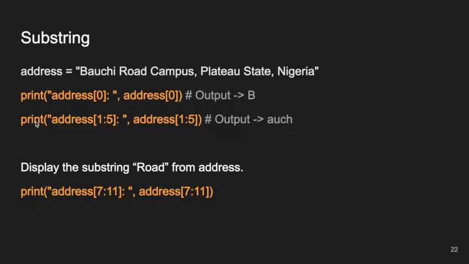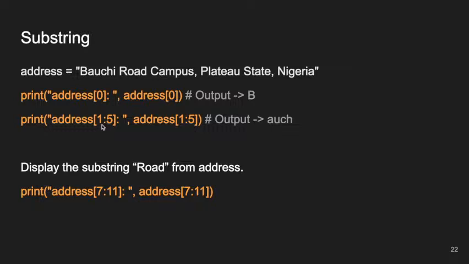You can also do what we call slicing, which is getting a part of the string, a chunk or section of the string. We call that slicing in Python, and you use the colon to do that.